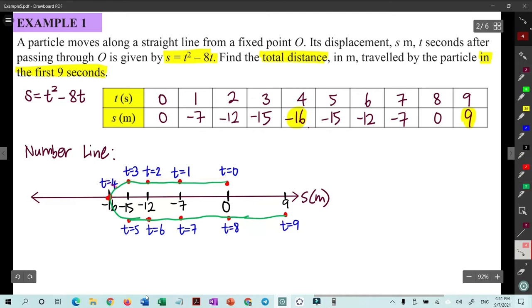And later, the particle is moving towards right from negative 16 to 9 meters.